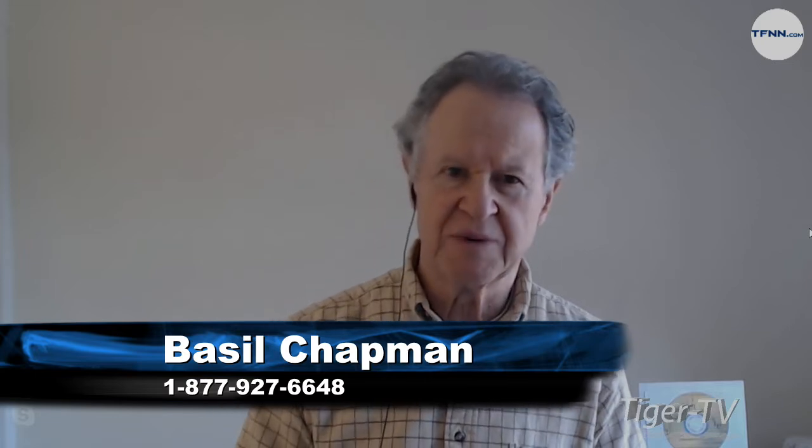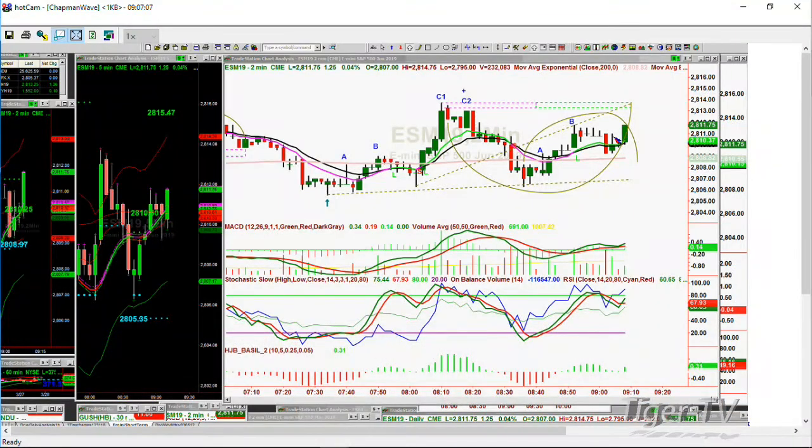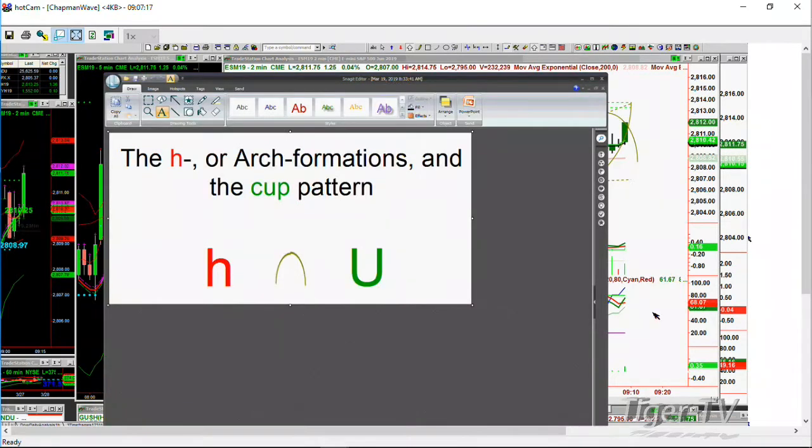I'm showing the 2-minute E-mini chart because I love to look at chart patterns. Let me just show you why. Within the Chapman wave methodology, we're only looking at either cups, a U-shaped pattern, or an arch, an inverted U, and that can turn into an H pattern or an upside down pattern.